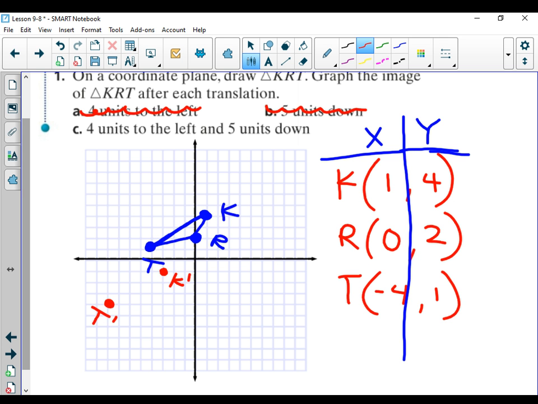Which one's left? R. 4 left, 5 down. Now it's called R prime. Still have your straight edge?